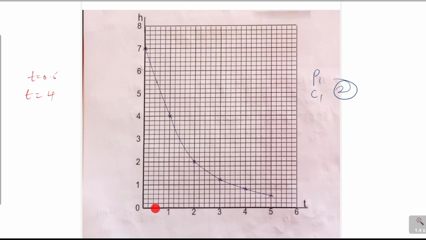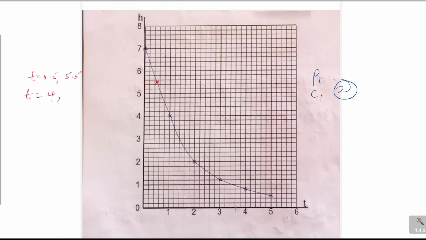When t is 0.5 is here, so just read directly the corresponding value of h, which is 5.5. Let me mark it. It is actually here. So this is 5.5.